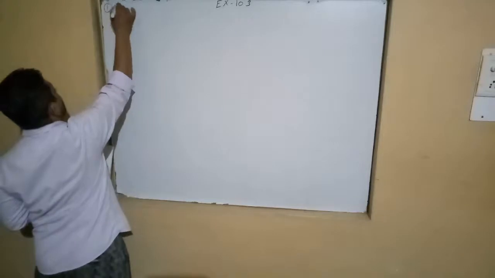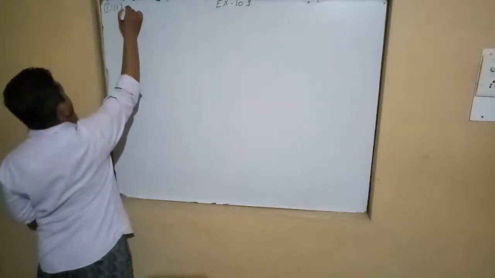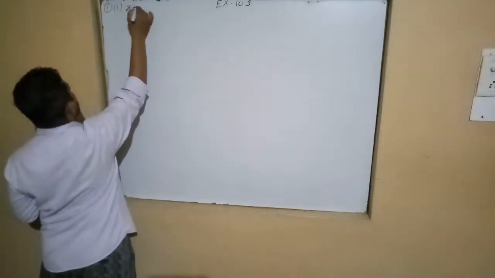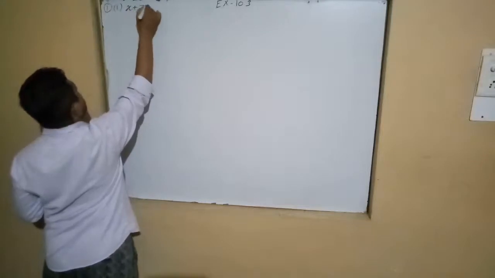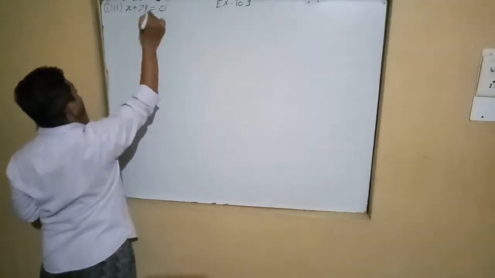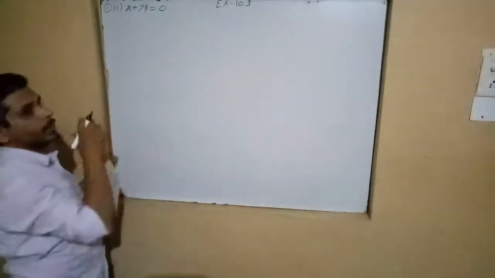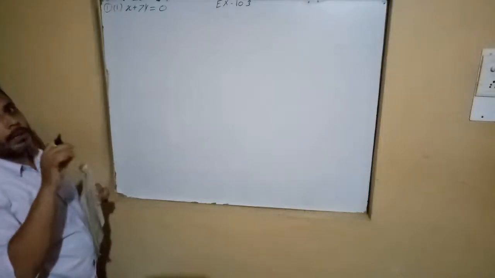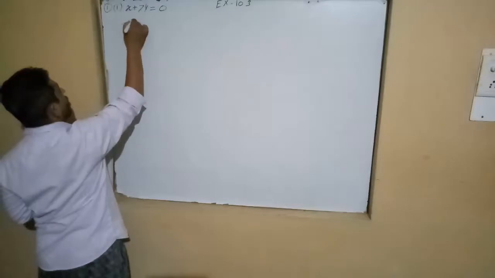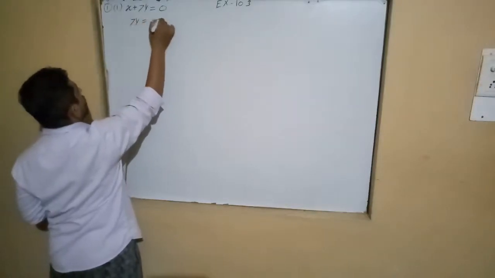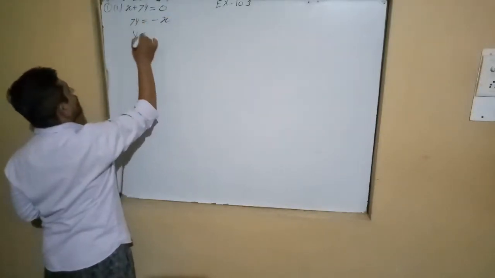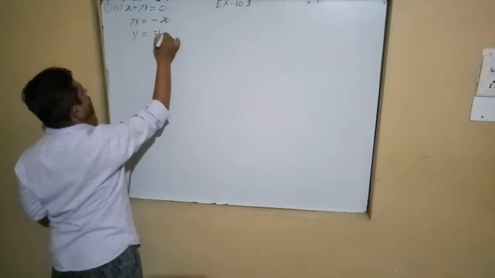So the first question, very easy question. The question is x plus 7y is equal to 0 and we reduce it in the form y is equal to mx plus c. So we can write here y is equal to minus x, y is equal to minus 1 upon 7 x.